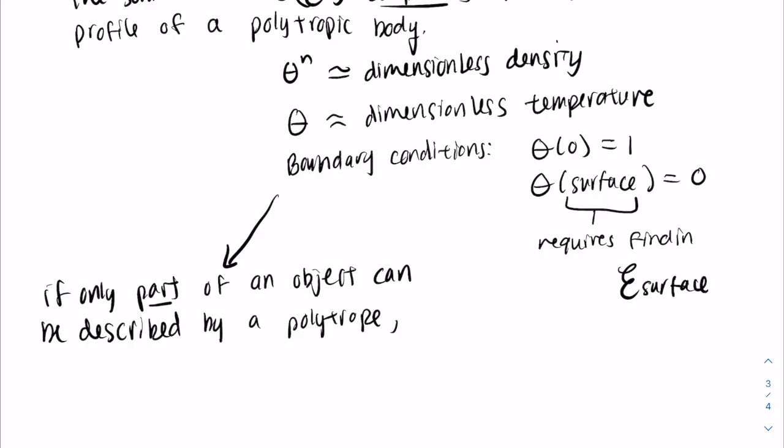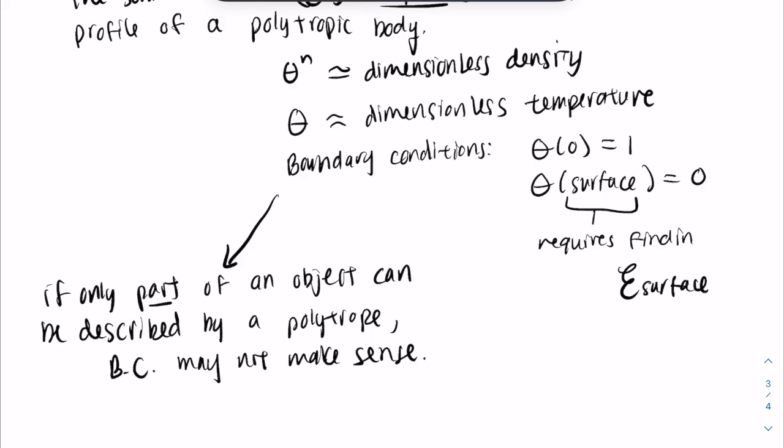But even if that is the case, you can still use the polytrope equation with some appropriately chosen boundary conditions to describe the physics of the region of interest. So in that case, you just have to match your boundary conditions so that you get the correct equation of state.